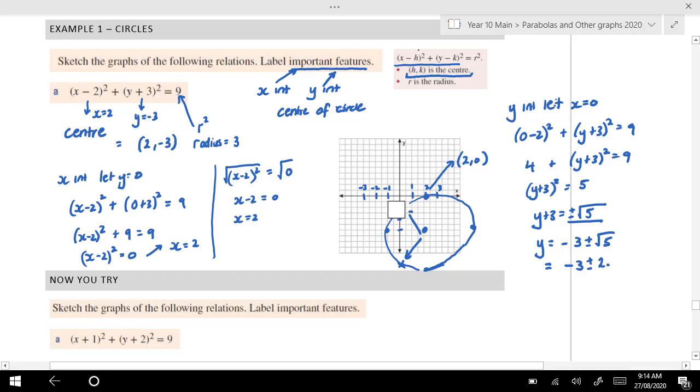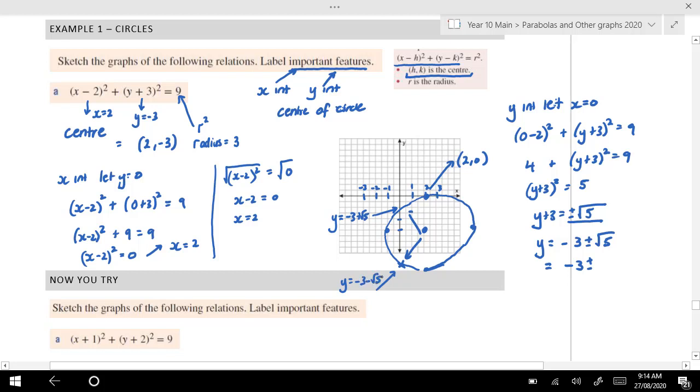So for example, this point here that I'm referring to would be the bigger of the two: Y equals minus 3 plus root 5. And this one over here would be Y equals minus 3 minus root 5.